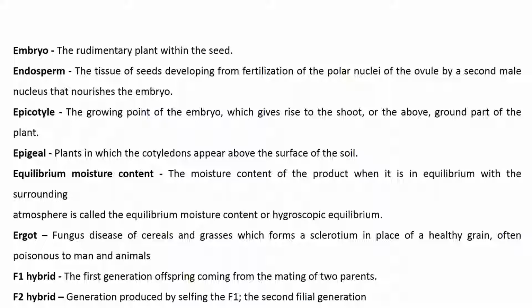Ergot: fungal disease of cereals and grasses which forms a sclerotium in place of a healthy grain, often poisonous to man and animals. F1 hybrid is the first generation offspring coming from mating of the two parents. F2 hybrid is the generation produced by selfing the F1s, the second filial generation.